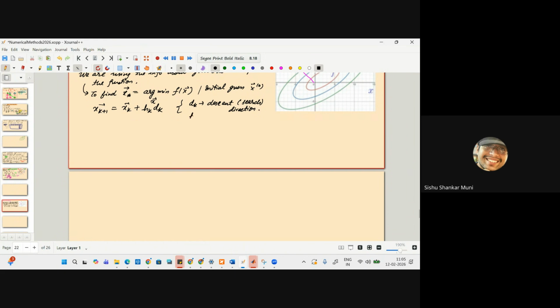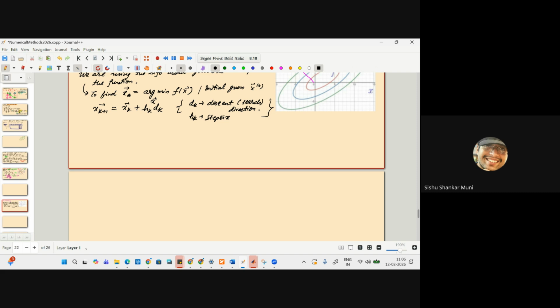So hk is the step size: how much to go, and in which direction to go, so that you can reach the optimum value of the function. That is how almost all important optimization methods work. So you should be careful in that case.